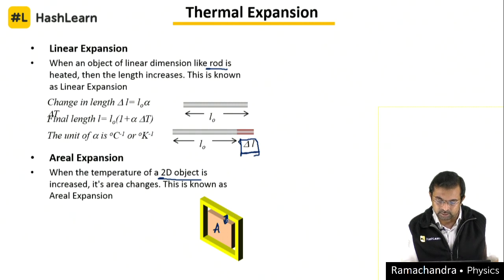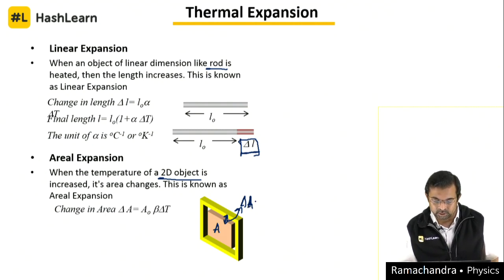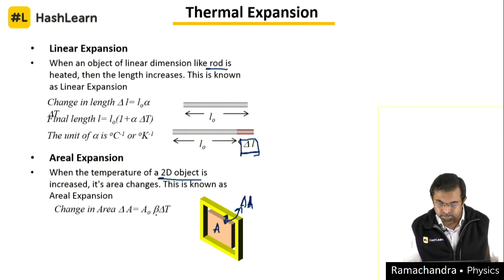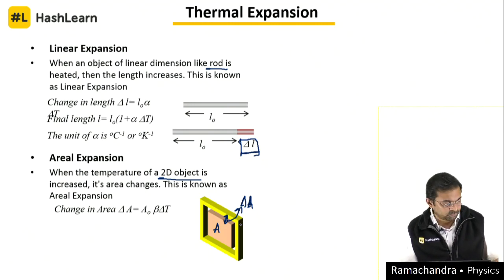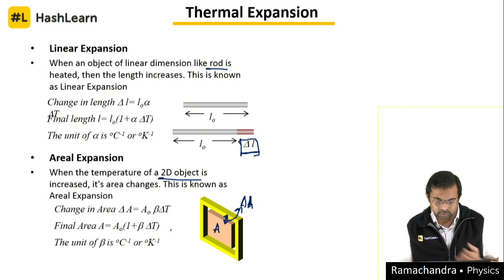We call this delta A. The change in area, delta A, will be equal to A naught beta delta T, where beta is called the coefficient of superficial expansion, and then the final area, and the unit of beta.